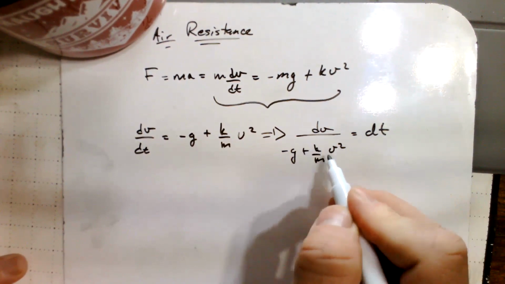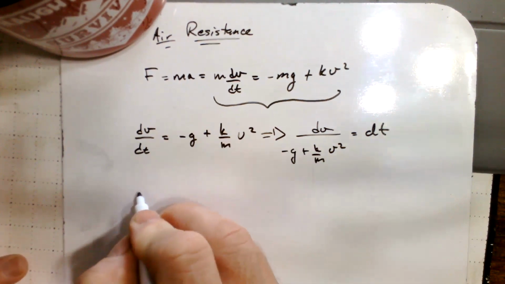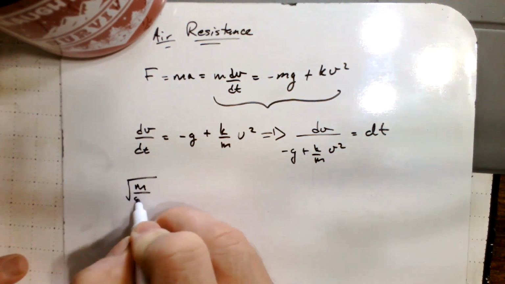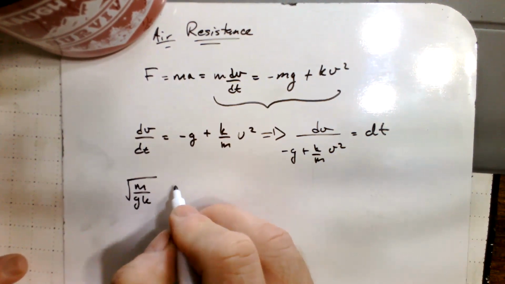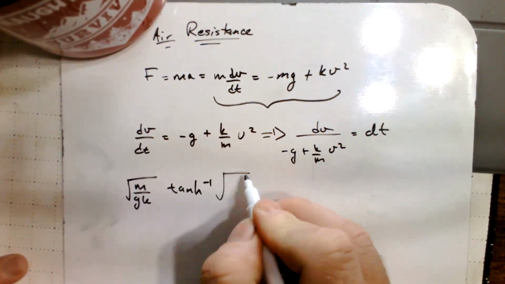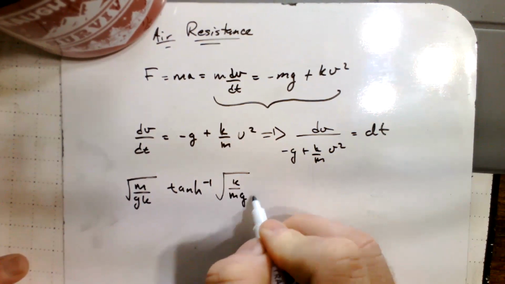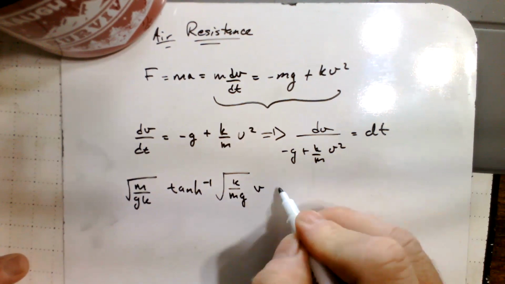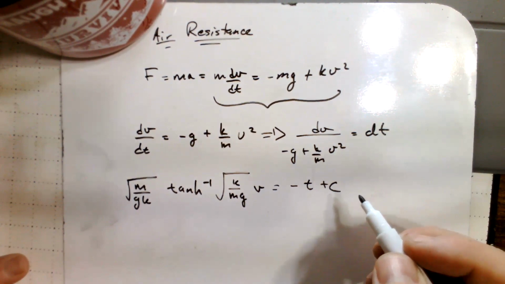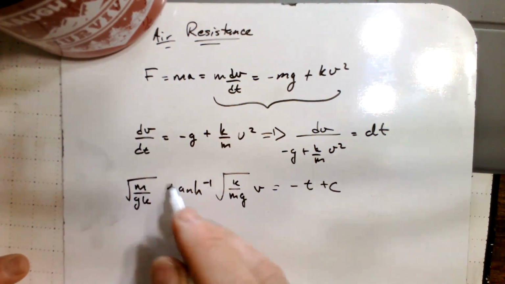Making the appropriate substitution on this side, the resulting integral gives you the square root of m over gk times tanh inverse of the square root of k over m g v is equal to negative t plus c. Solving for v, we'll take the tanh inverse and multiply through by this as well.